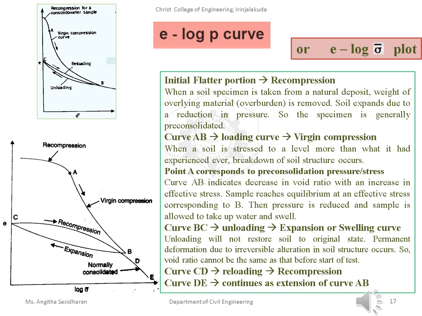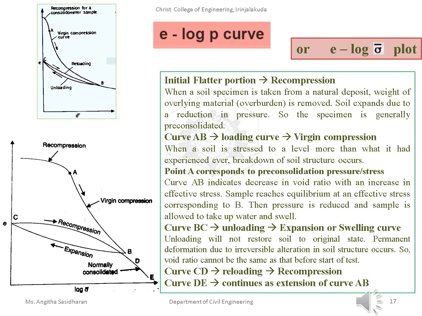That is, the effective stress is plotted in a logarithmic scale, and if you observe this portion, it is comparatively a linear graph. So this will be easy for us to express and compare the properties, or to study the behavior. So there comes the E log P curve.